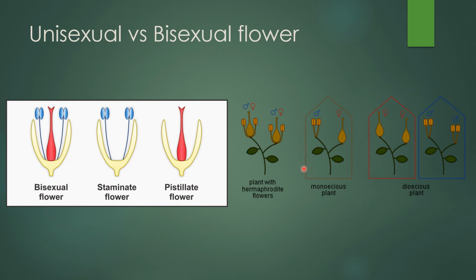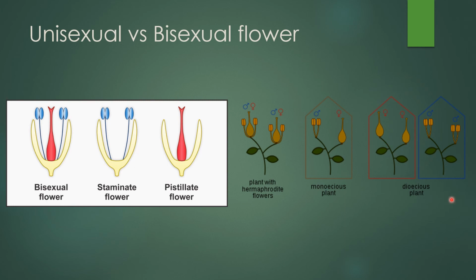That means in a monoecious plant, both the male flower and the female flower are present. And how can we differentiate it from a plant having hermaphrodite or bisexual flowers? Because in the first case, the flowers are bisexual, meaning in the same flower both the male and the female parts are present. Now in the monoecious plant, flowers are unisexual, but they are present in a common plant.